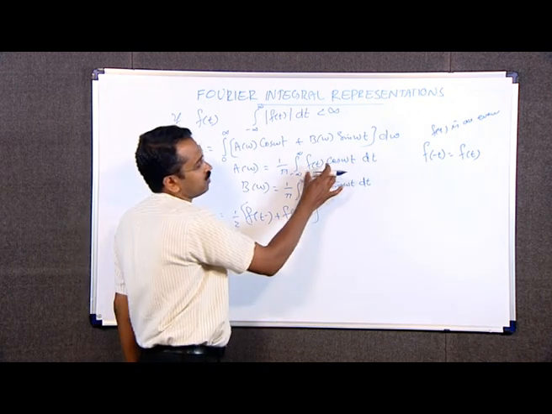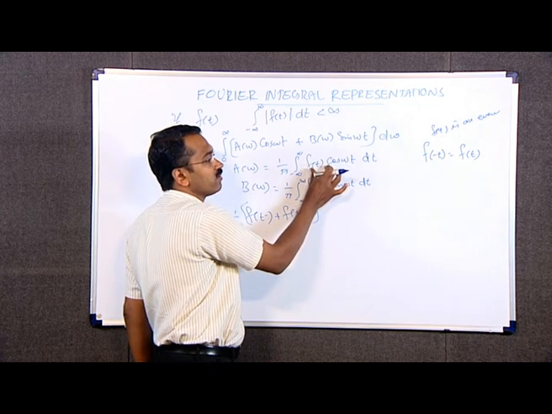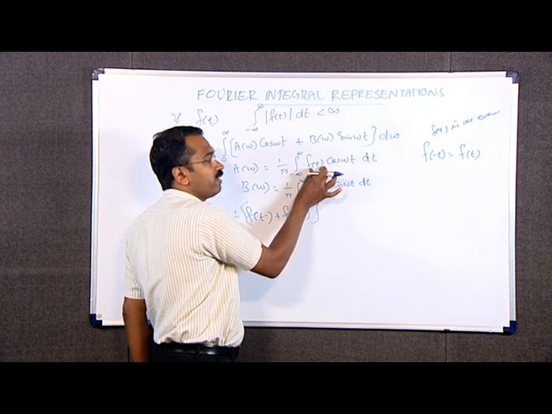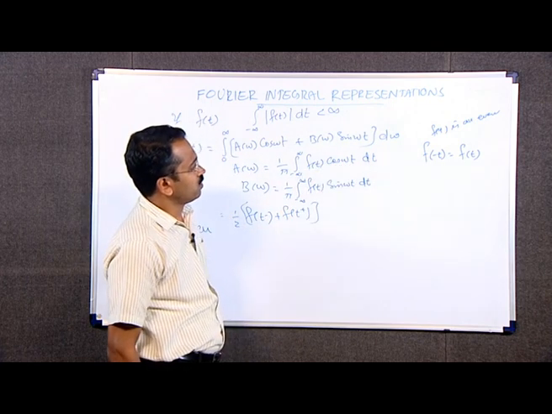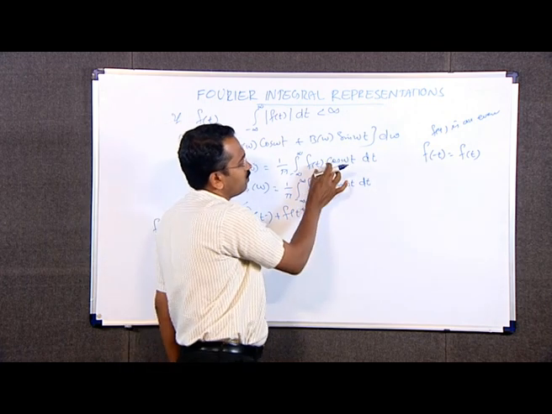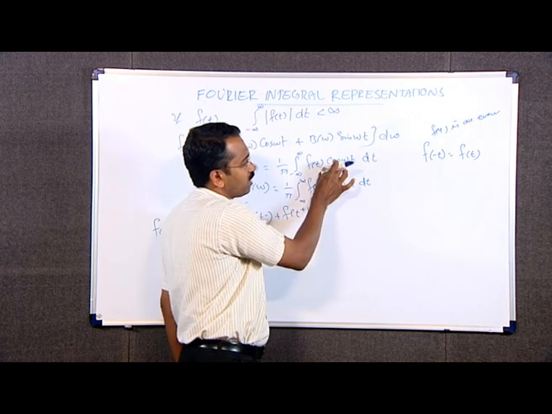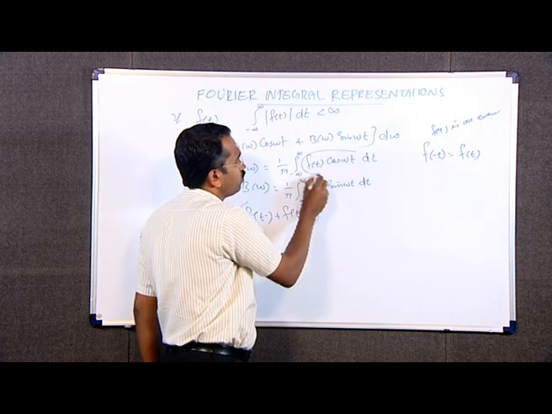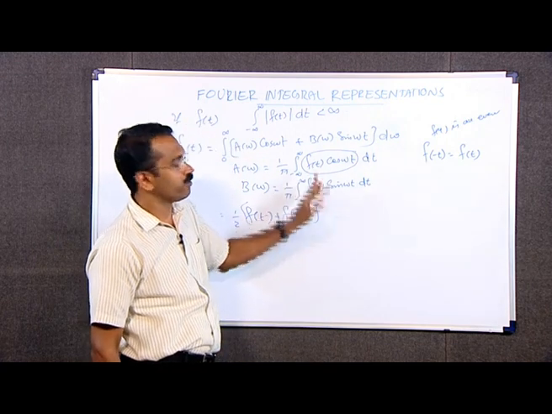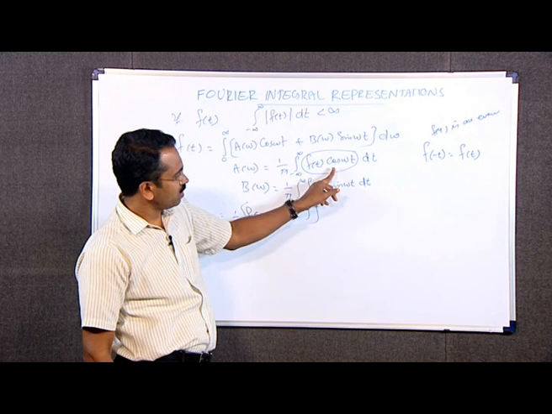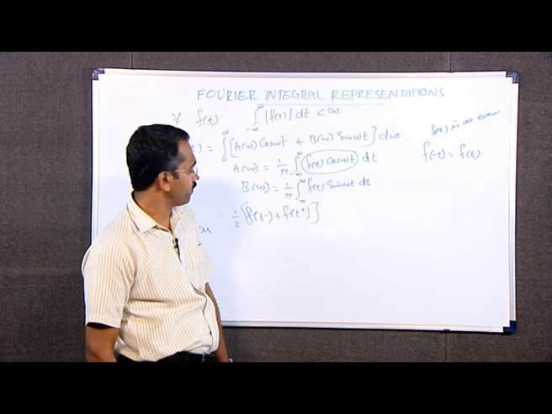Therefore, f of t into cos omega t is even if f of t is an even function, because cos omega t is always even.